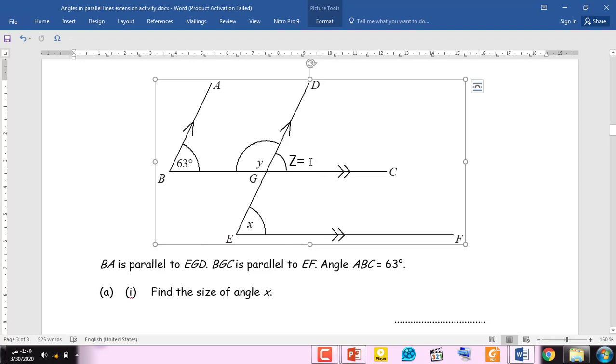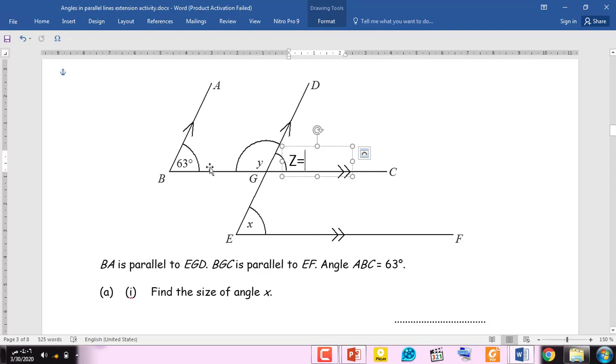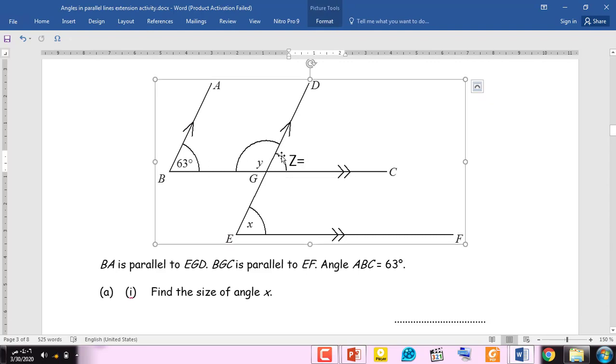So X equal to Z because they are corresponding, but I don't know the value of Z. How can I know it? If I know the value of Y, or if I can make another F shape here, what do you think? A, B, and D, G. Actually, I can make F shape, and Z will be corresponding with 63.